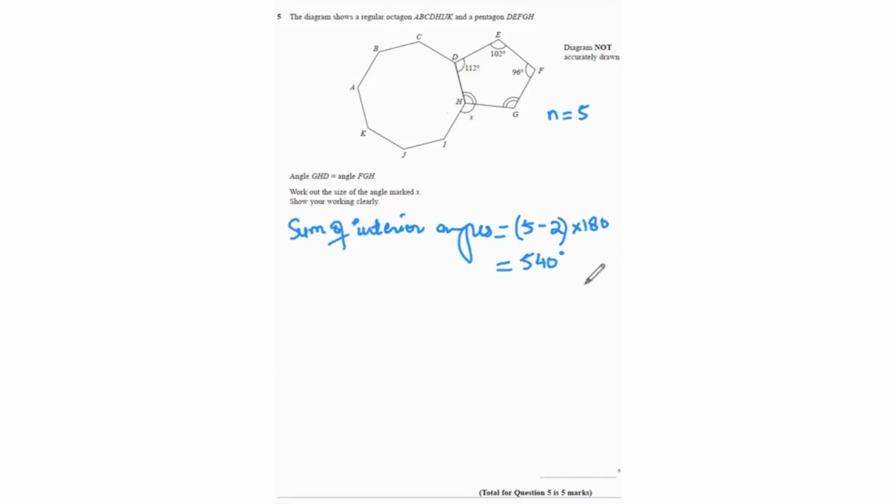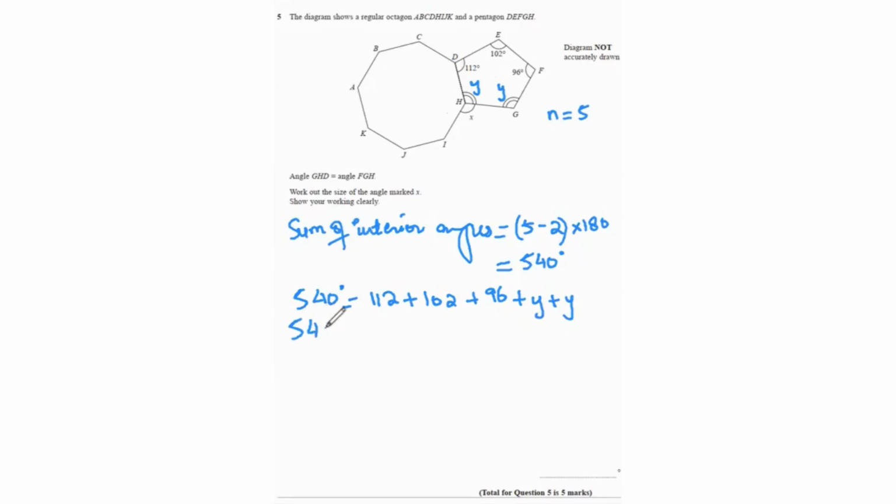Then we're going to put this equal to the sum of all of the interior angles for the pentagon. 112 plus 102 plus 96 plus y plus y. I'm going to call these two y.